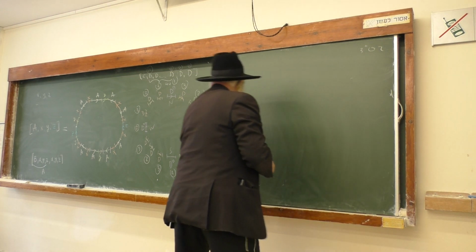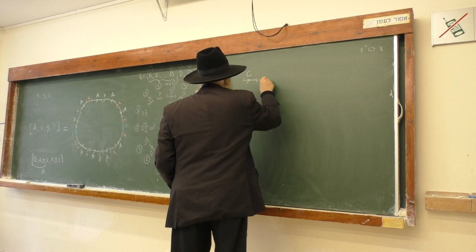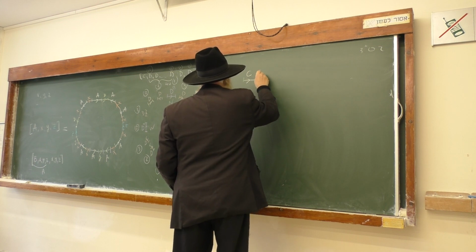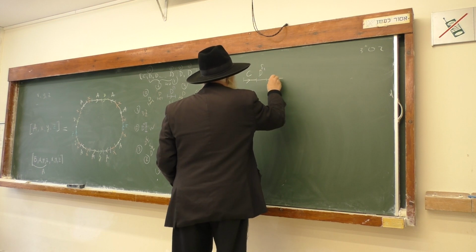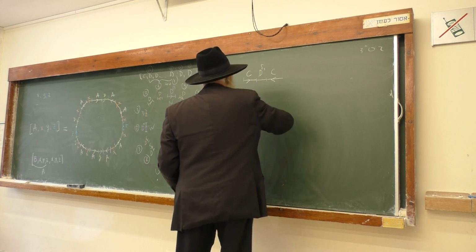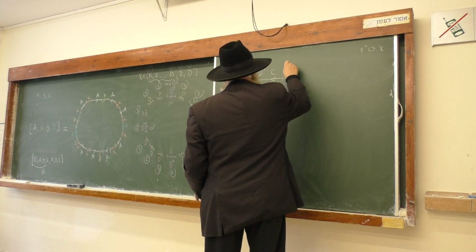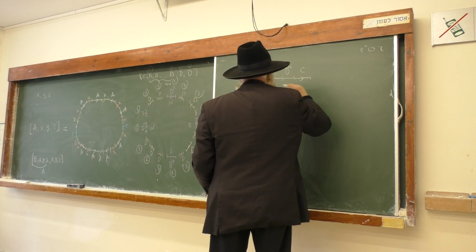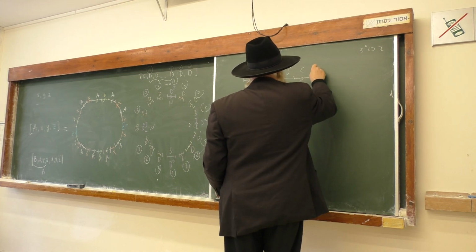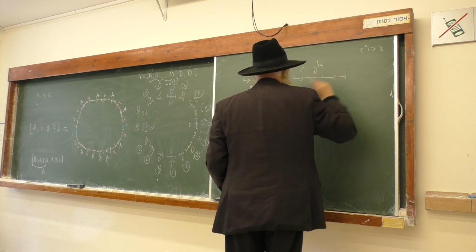With the word, we have some power of C, then we have D to the power, say, delta 1, C in the opposite direction, D to the power delta 2, C in the straight direction, D to the power delta 3, etc., etc.